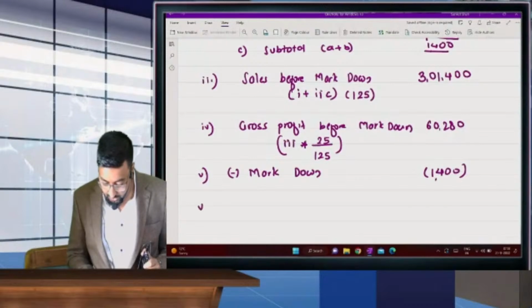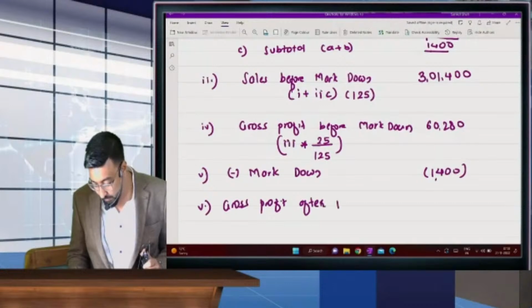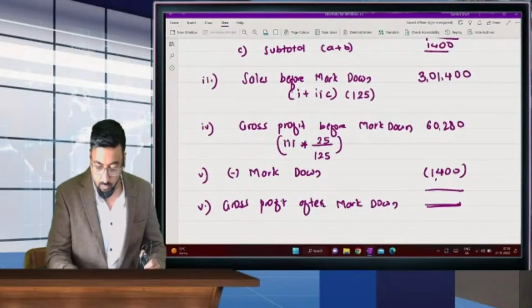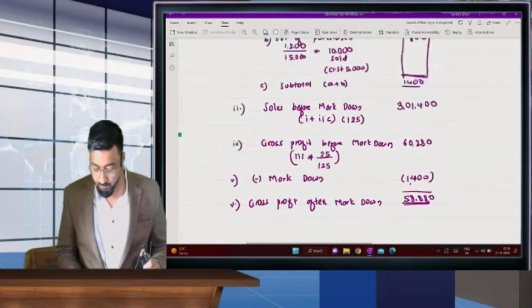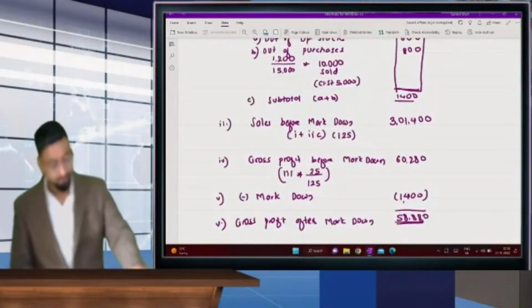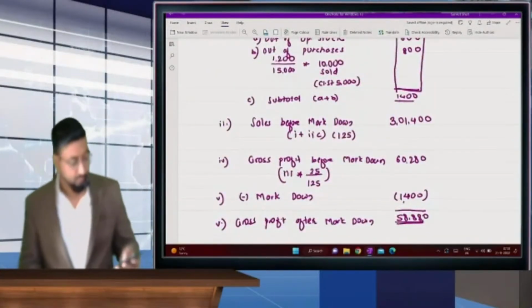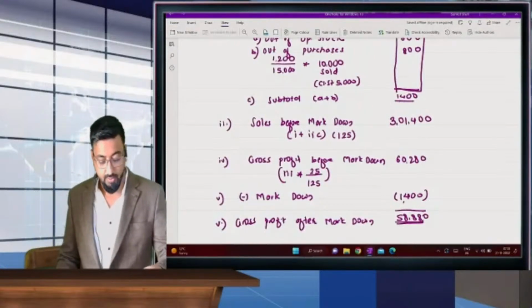So what is my gross profit after markdown? 58,880. Yes, beta. Understood? 58,880.